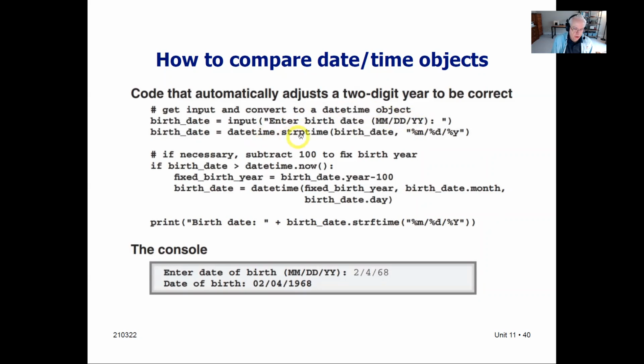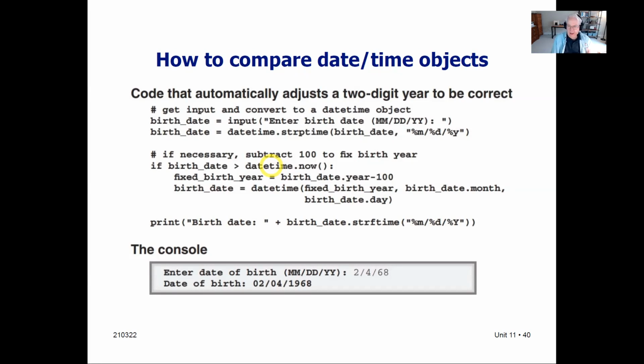And we parse the string to come up with the birth date, and we put it in the right format here. We're still using lowercase y's for 2-digit years. If necessary, subtract 100 to fix the birth year. Okay, so if birthday is greater than datetime.now, okay, if it's greater than now, they were born in the future, right?